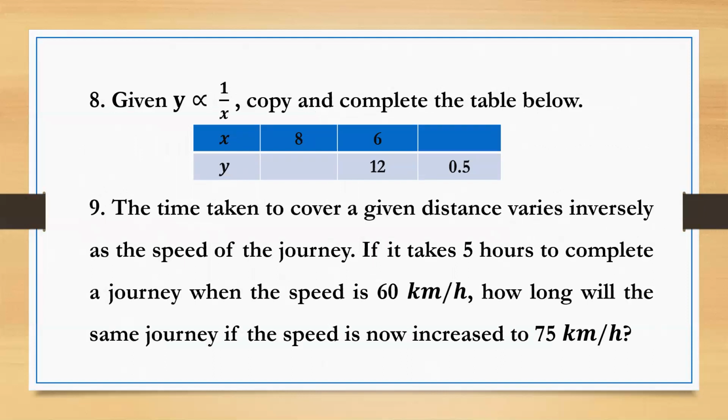Question 9, the time taken to cover a given distance varies inversely as the speed of the journey. If it takes 5 hours to complete a journey, when the speed is 60 kilometers per hour, how long will the same journey take if the speed is now increased to 75 kilometers per hour?